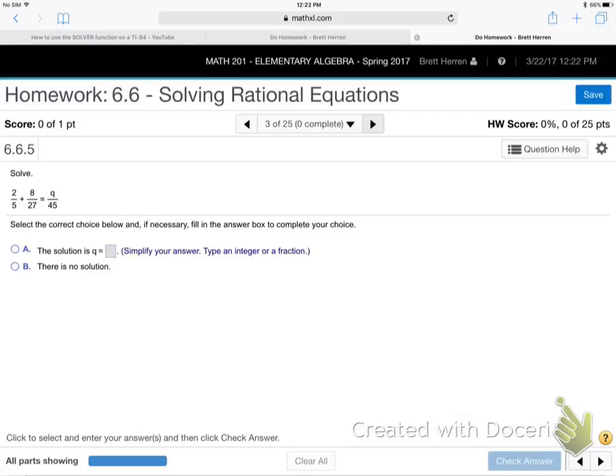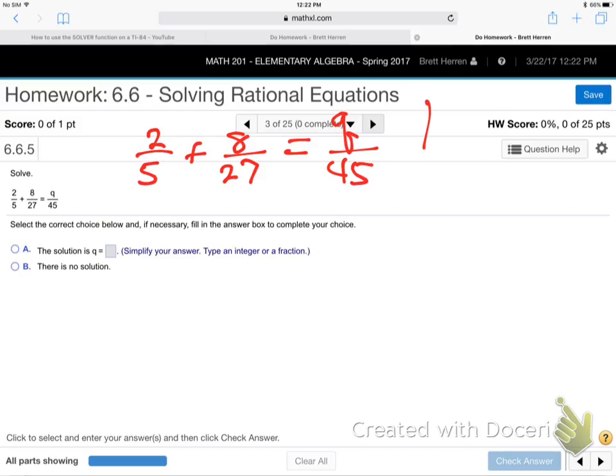All right, let's try this one. 2/5, 8/27, and something over 45. All right, you got to do a big L box. I have no idea what that common denominator is. 5, 27, 45. Who knows?